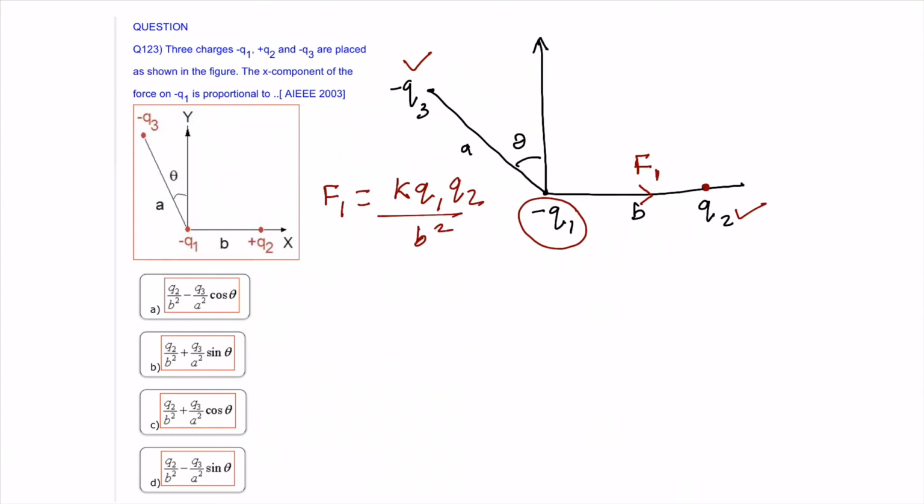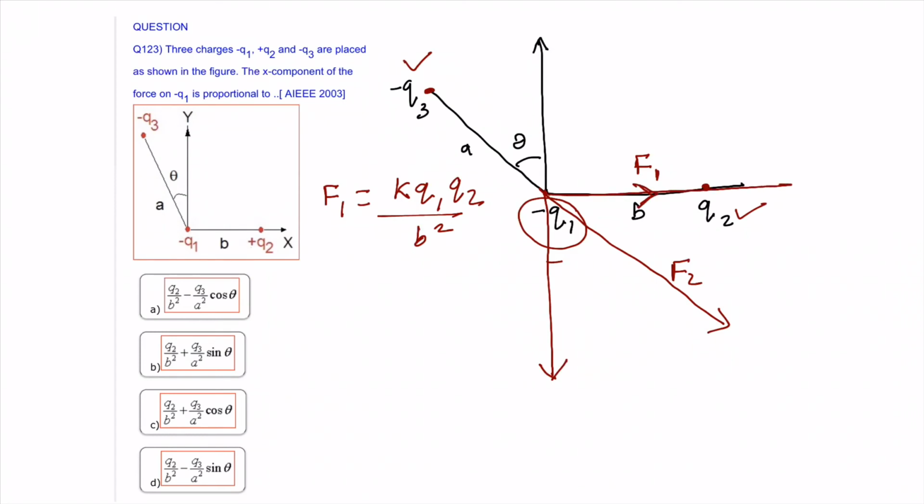B square. Now this Q3, right? Q3 is negative and Q1 is also negative, so they repel. So Q3 repels Q1 in this direction, right? We can call that F2. Now we can resolve F2 into vertical and horizontal components, right?